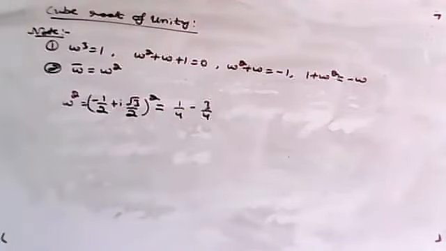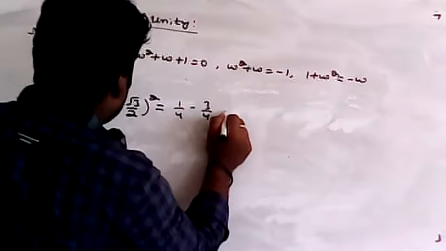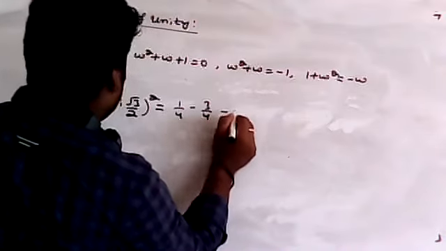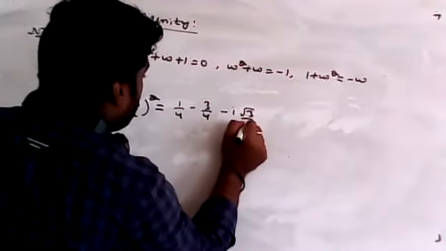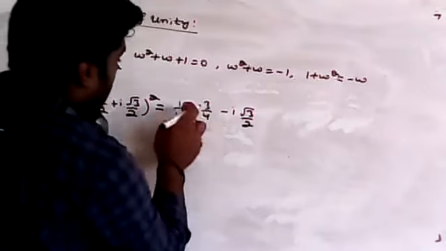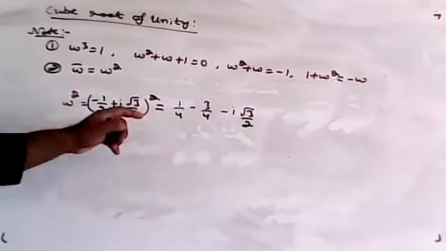Correct? And this one is what? 2 times, no? The 2 gets cancelled. Minus i root 3 by 2. Correct? Minus i root 3 by 2. Then if I simplify this one, we'll get the answer as what? 1 by 4 minus 3 by 4 is what?